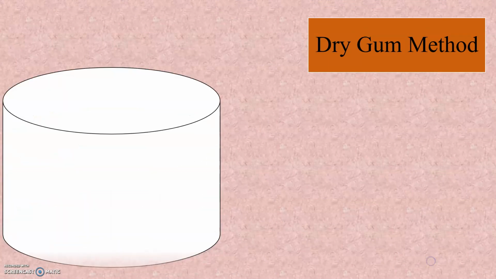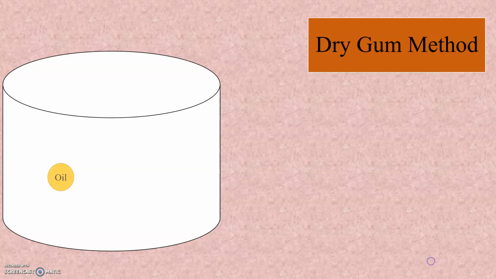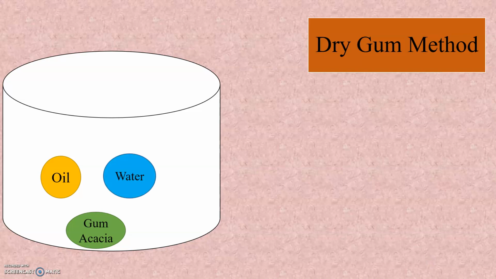Now let us see the dry gum method. As we have seen in the procedure, in a dry mortar, add oil, gum acacia, then add the water. Then with the help of a pestle, triturate the mixture vigorously in clockwise direction until a clicking sound is produced and the product becomes white or nearly white.